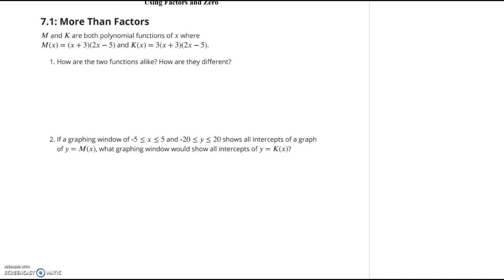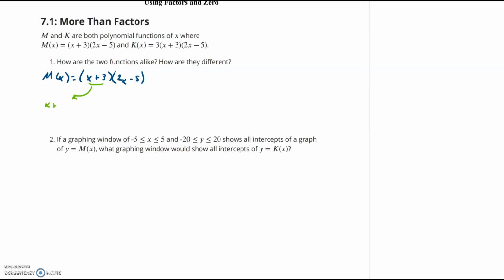Let's take a look at function m of x, and I like to write it down because it helps me think about the function. x plus 3 times the quantity 2x minus 5. With this function, I notice that I have two zeros.